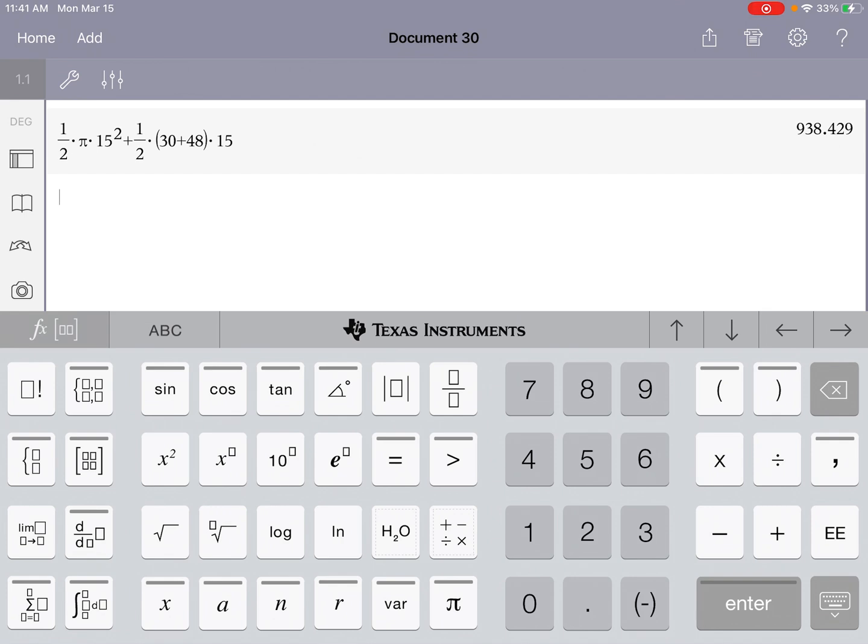That's how we say round up. We would round that 4 to 5, and our final answer would have been 938.5. But because that 2 is less than 5, we're going to leave it as a 4 and eliminate the other two numbers, the 2 and 9.